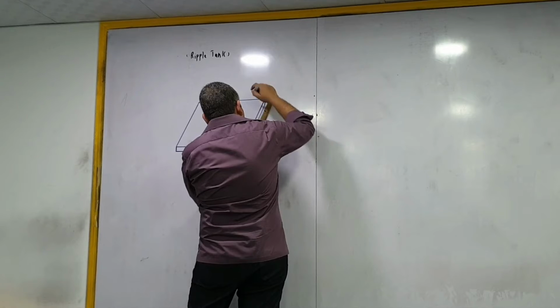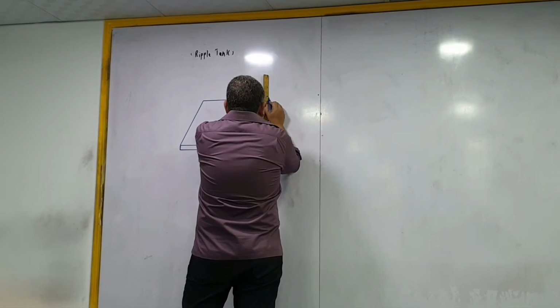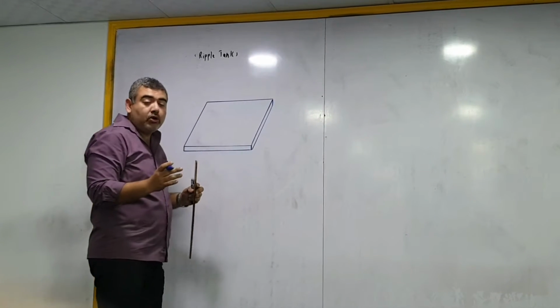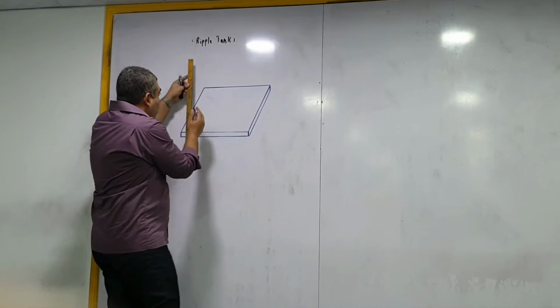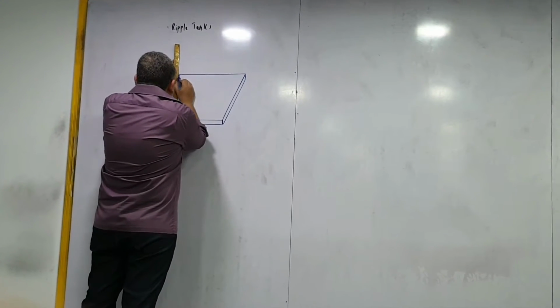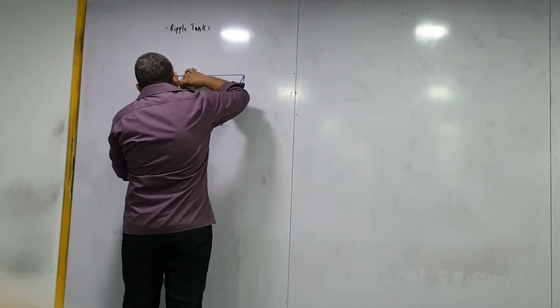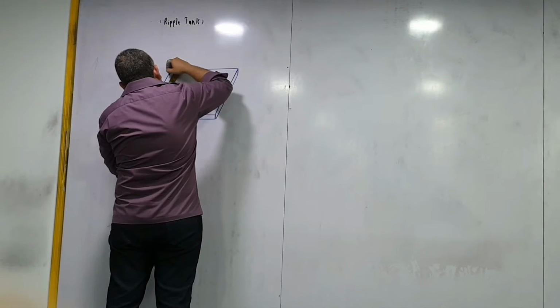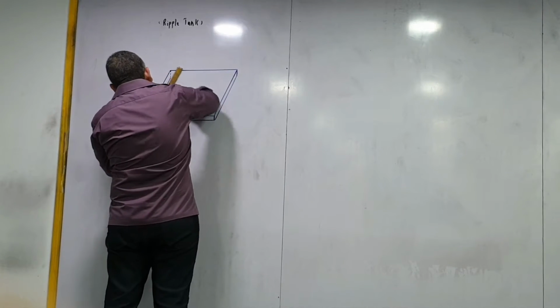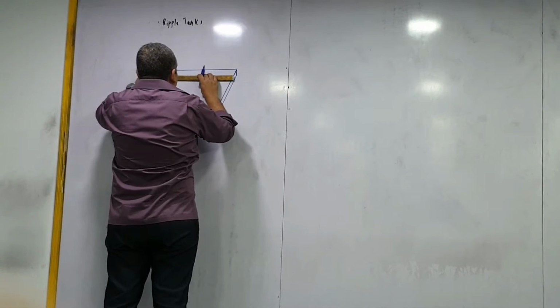Okay. It consists of what? It consists of a shallow glass tray. Shallow means it's not that deep. To show, it's a tray with little depth.